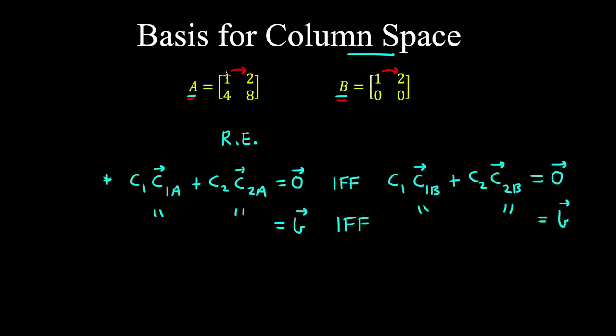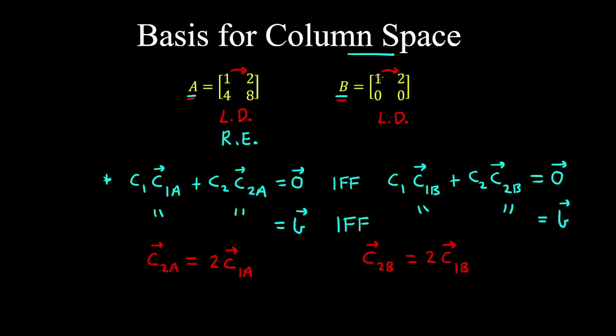So in this case, given that column 2 in A is equal to 2 multiplied by the first column in A, then these columns are linearly dependent, and consequently the columns in B are also linearly dependent. So as we can see, column 2 in B is still equal to 2 multiplied by column 1 in B.